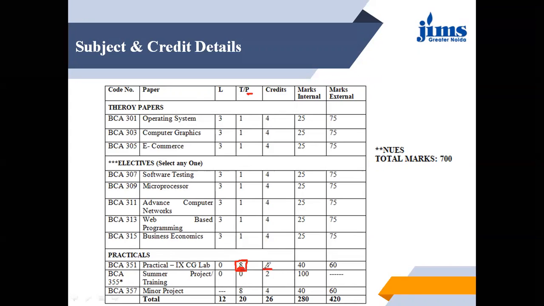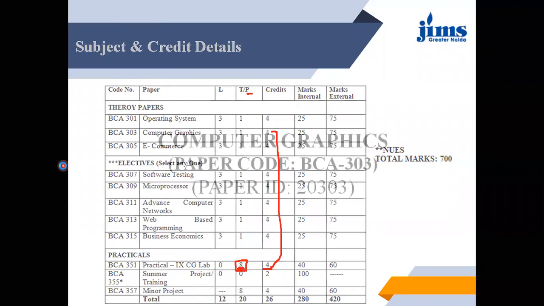In other semesters, you have seen that the credits of the practical subjects are generally 3, but here the credits of computer graphics is 4 plus 4, that is 8. So you should pay more attention to computer graphics.